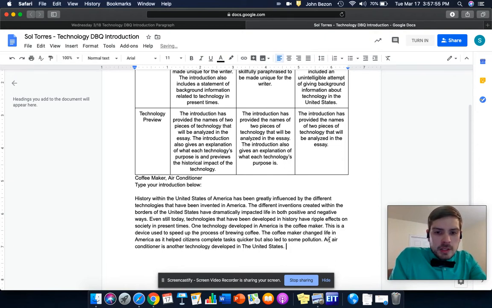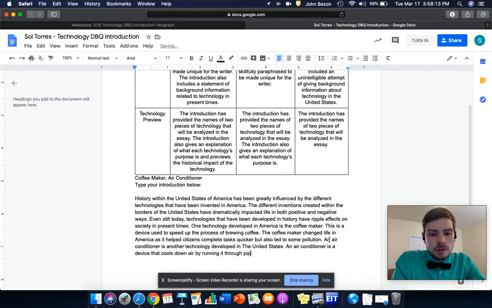An air conditioner is a device that cools down air by running it through pipes with chemicals in them. So I basically explain what an air conditioner does. It's a device that cools down the air by running, we'll say warm air, through pipes with chemicals in them.